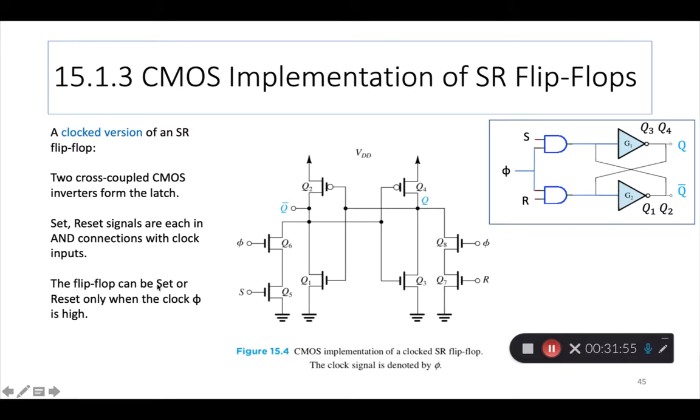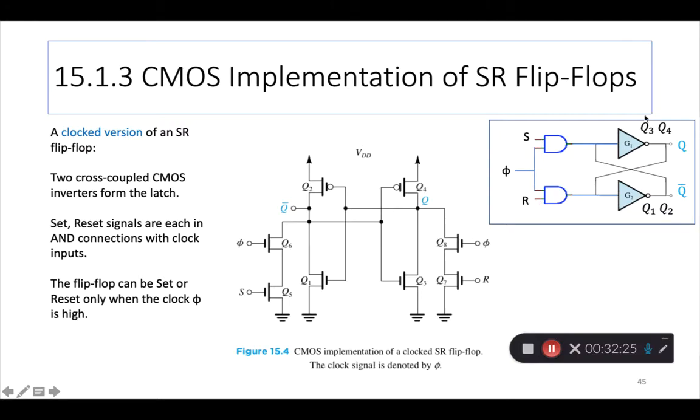So the flip-flop can be set or reset only when the clock phi is high. So now for the latch to change state, you have the S and the R like in the previous case, but the S and the R also operate only when the clock is going high. So we added one more condition to the operation of the flip-flop.